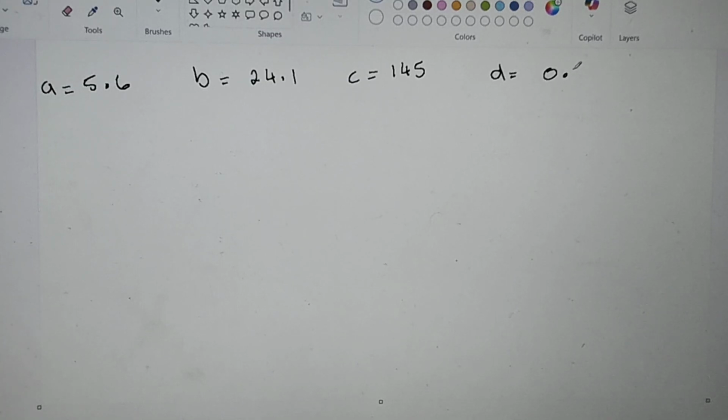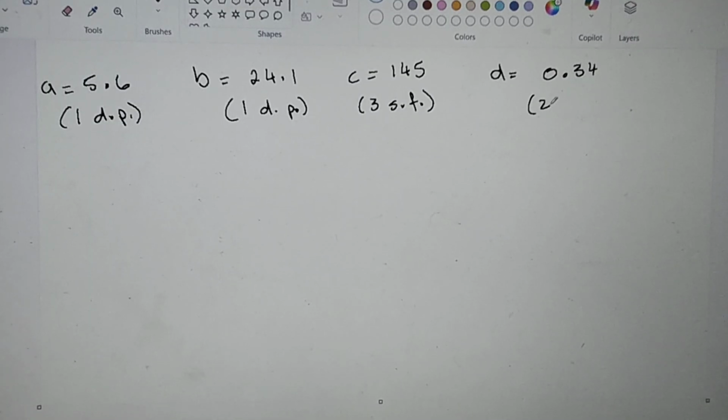Each of these have been rounded to different places. A has been rounded to 1 decimal place. B has been rounded to 1 decimal place. C has been rounded to 3 significant figures. And D has been rounded to 2 decimal places. So that's what they've given us.